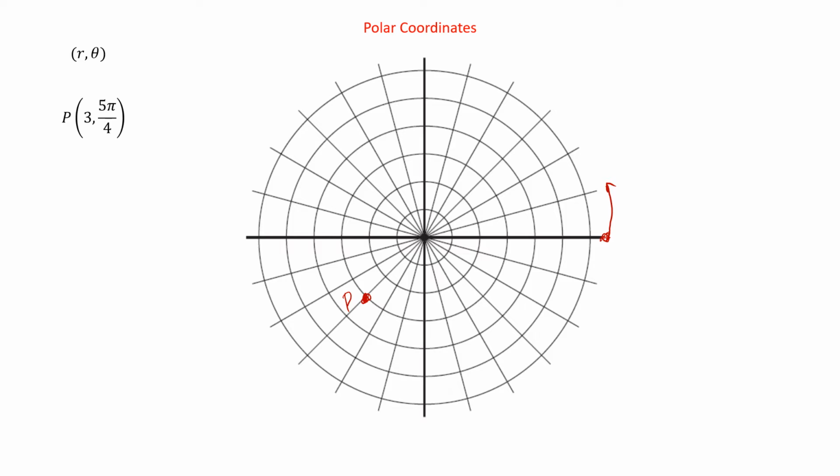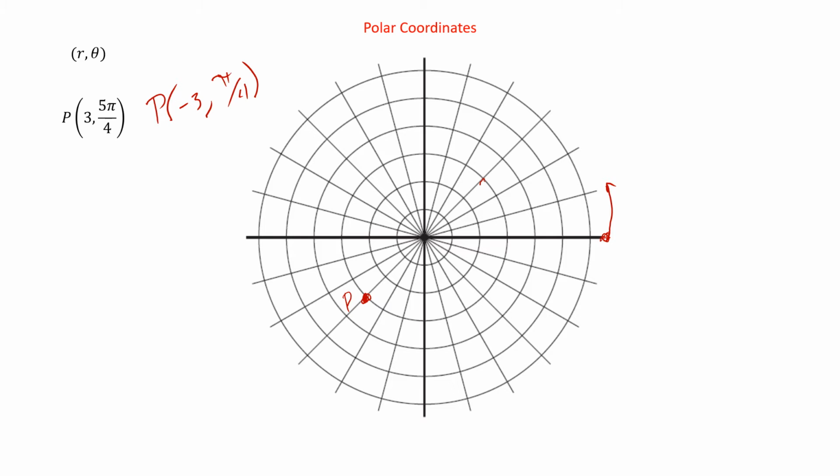Now the thing with these points is they're not unique. We could write this different ways. For instance, the radius could be negative. If we were on this other side at pi over 4 with a negative radius, we could have P is negative 3, comma, pi over 4.